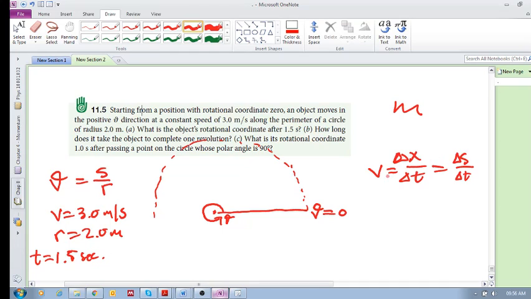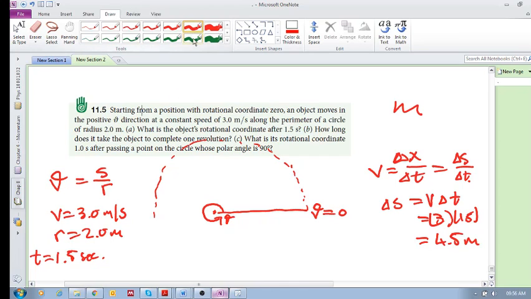So if we've got velocity and time, we can calculate our s. So our delta s is equal to velocity times time. Our velocity is 3 meters per second, our time is 1.5, so this equals 4.5 meters.